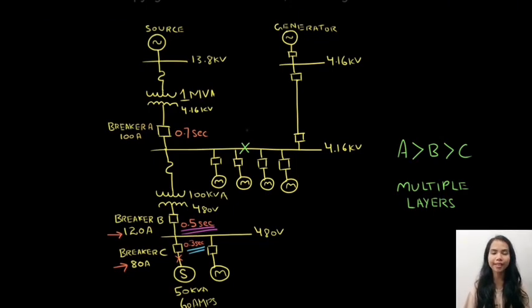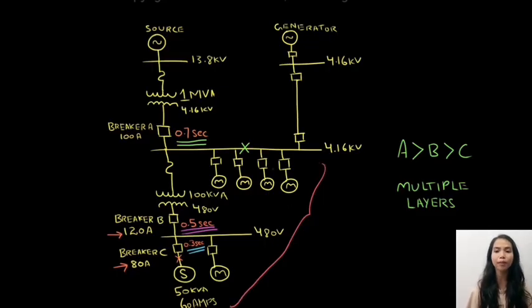We should expect the highest layer of protection to have the most delay. This is true in our case as well, because breaker A will wait 0.7 seconds before tripping for the high fault current. If the fault current is high enough, it could result in possible damage to the 4.16 kV bus, and a power blackout could occur, disrupting power to the other loads downstream of the bus.